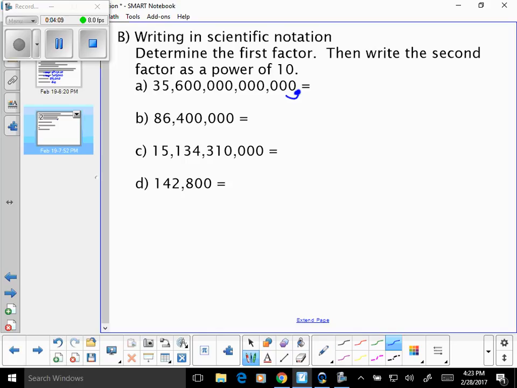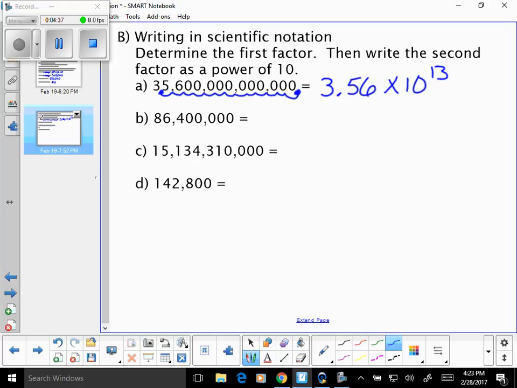So 1, 2, 3, 4, 5, 6, 7, 8, 9, 10, 11, 12, 13. So I'm going to have 3.56. Notice that I can drop all the rest of the zeros, times 10 to the 13th power.